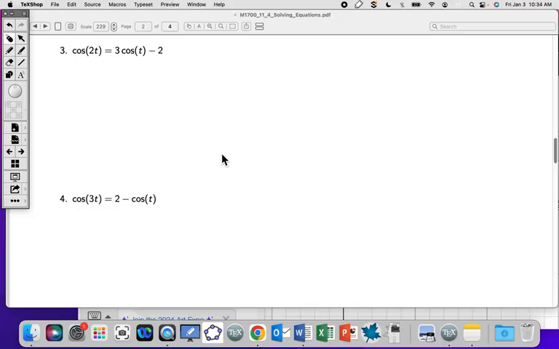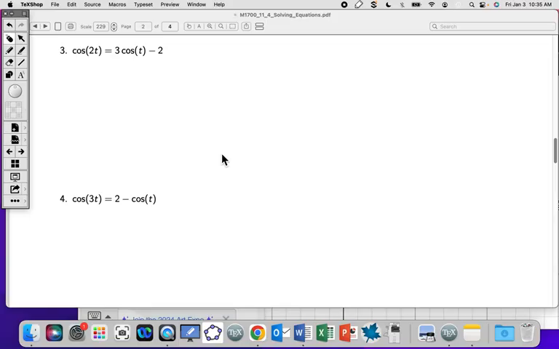Okay, number 3, we're sort of in the same boat as we were with number 2. Well, actually, no, it's a slightly different boat. In number 3, we have the same trig function, namely cosine, but we have different angles. We have 2t and t. So once again, we're going to have to use an identity to help us get everything in terms of the same trig function with the same angle.